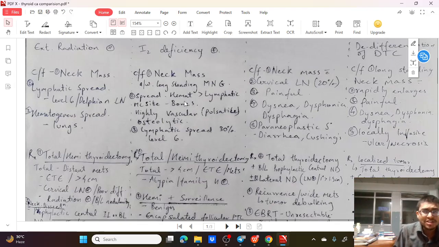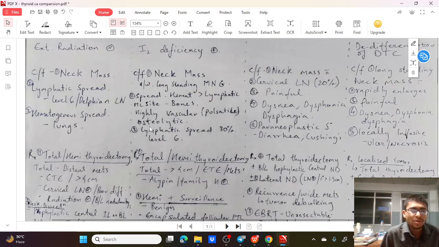Through the hematogenous route it spreads to bone, the most common site, and the metastasis is highly vascular and pulsatile. So we have to remember that here the most common site is bone through the hematogenous route, and it will be highly vascular and pulsatile.